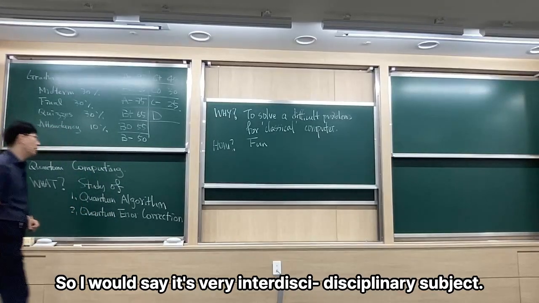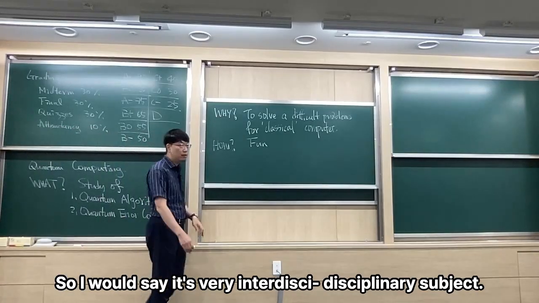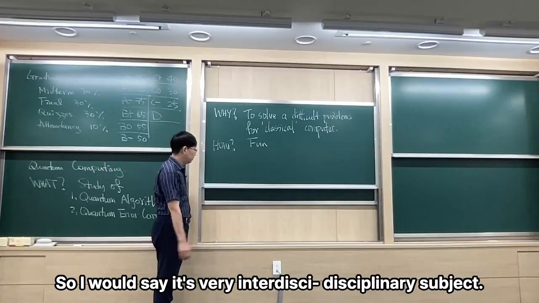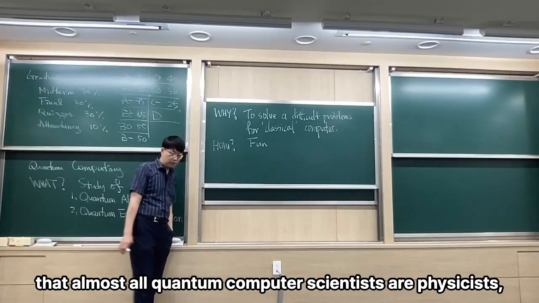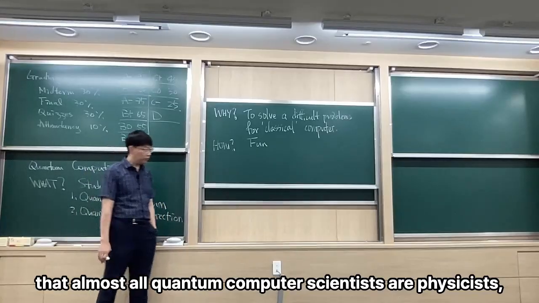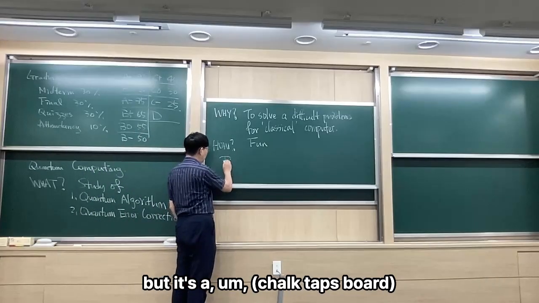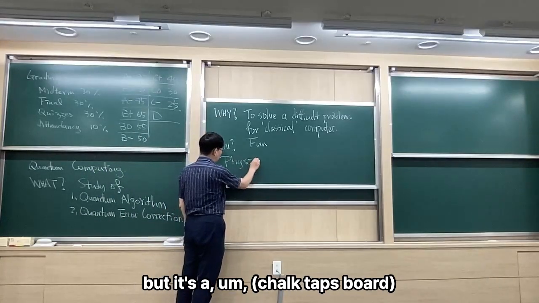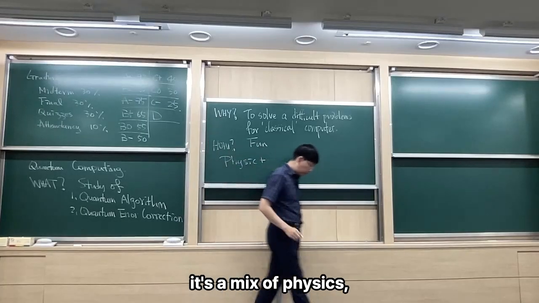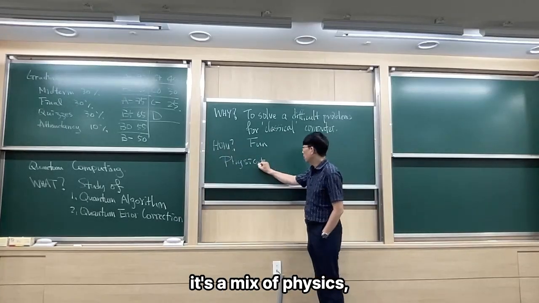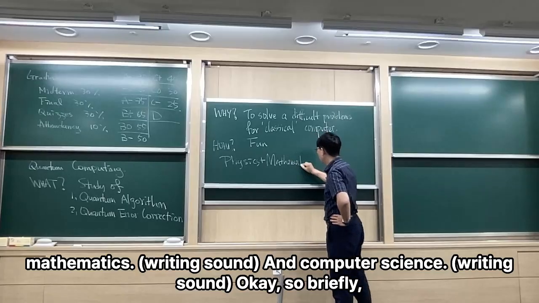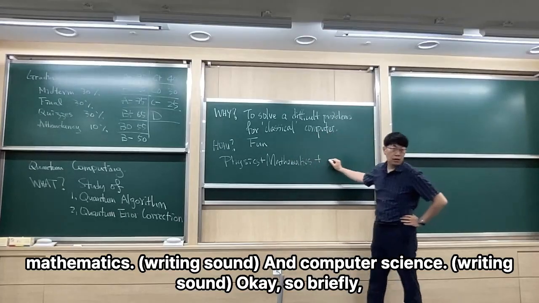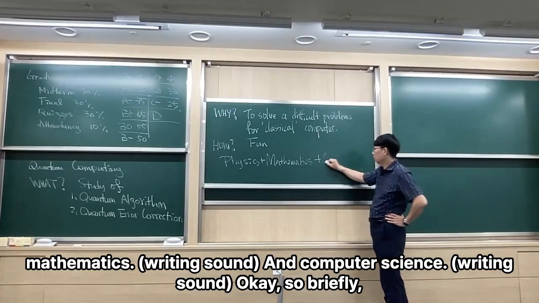I would say it's a very interdisciplinary subject. It's sad to say that almost all quantum computer scientists are physicists, but it's a mix of physics, mathematics, and computer science.